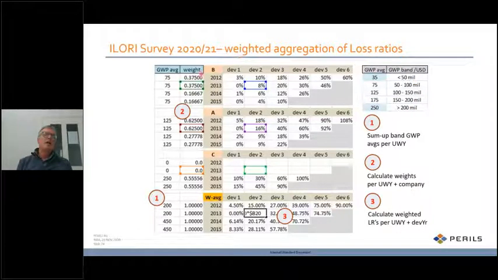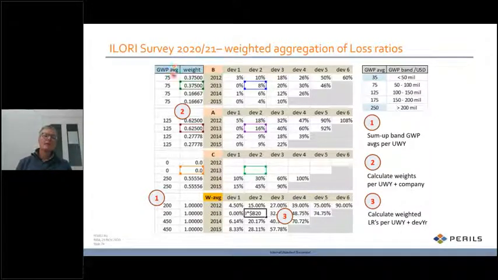So when we want to give a certain weight to every portfolio, we cannot work with a band. We need a proxy for the premium. A logical proxy would be the GWP, gross written premium average. So it will be the middle of the band.